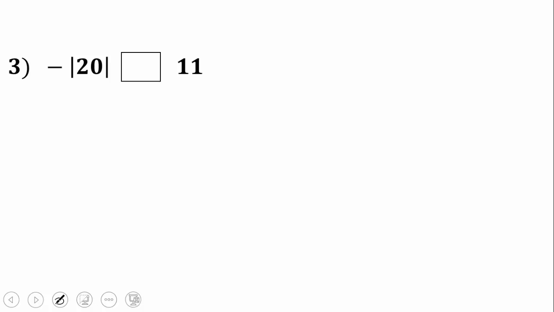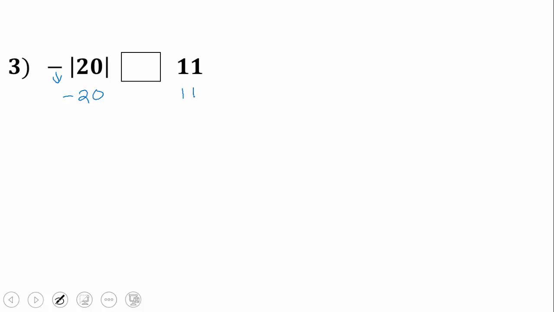So what do we do if we don't have a number line to graph it on? We've got to know our numbers. We have to have a number sense. So once again, using our order of operations, we have the negative absolute value of 20. Well, the absolute value of 20 is 20. And we have to bring that negative down. So the negative absolute value of 20 is -20 compared to 11.